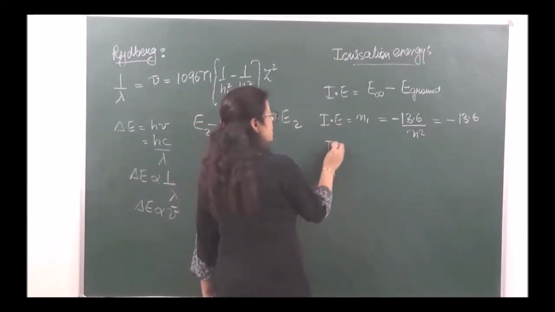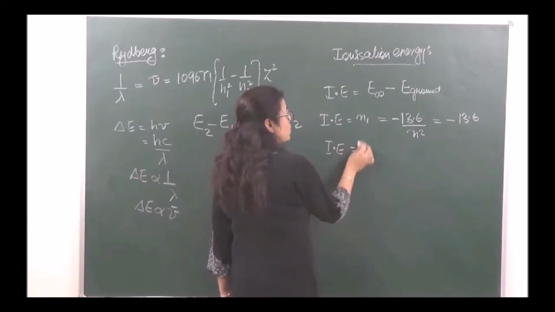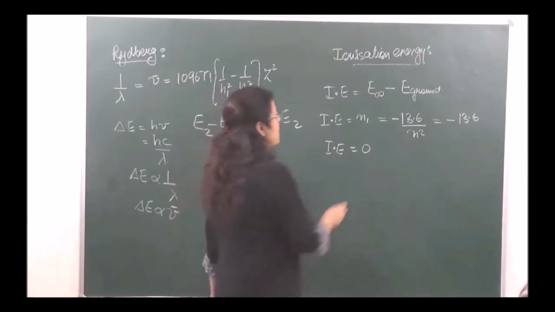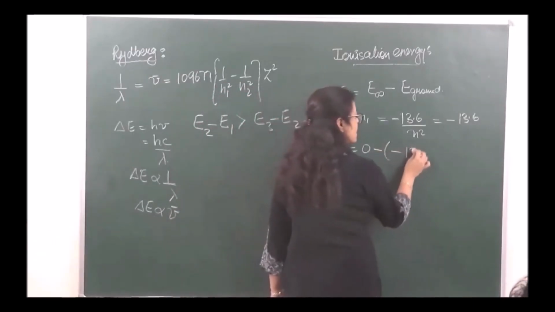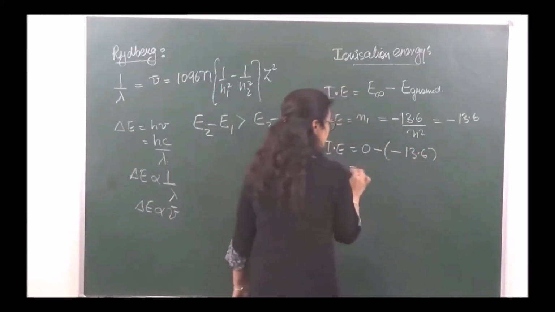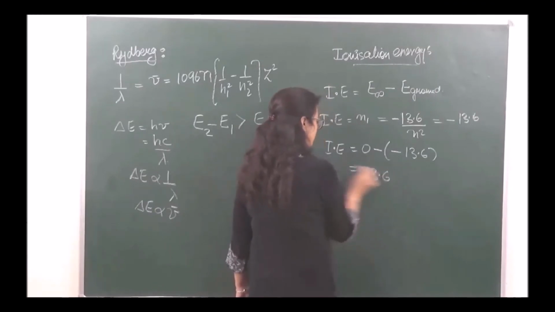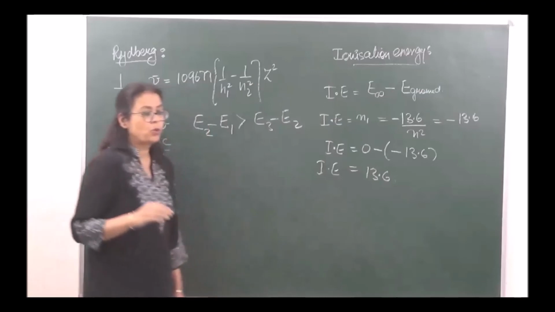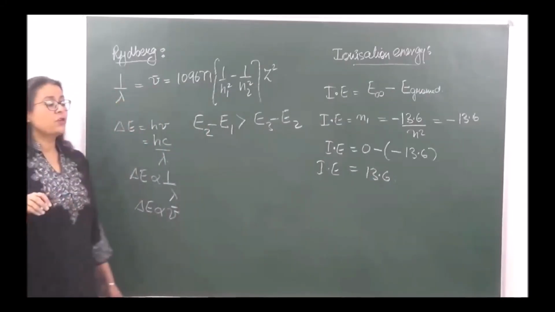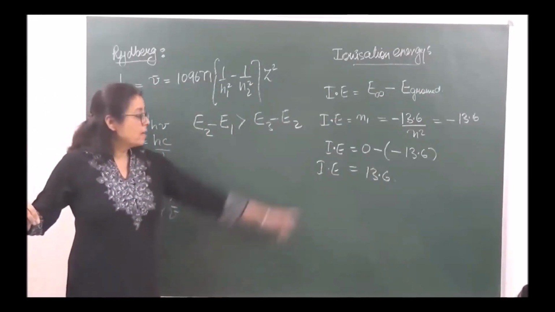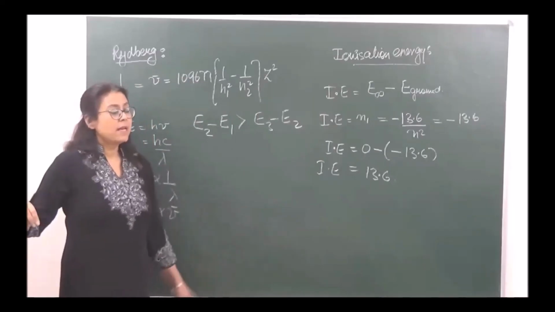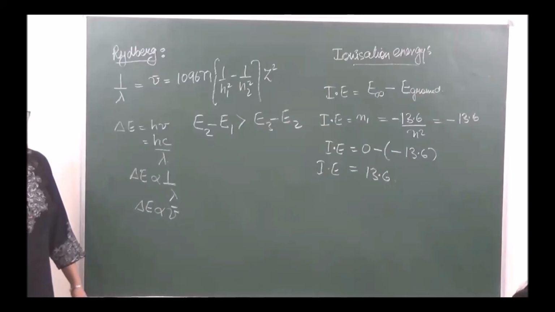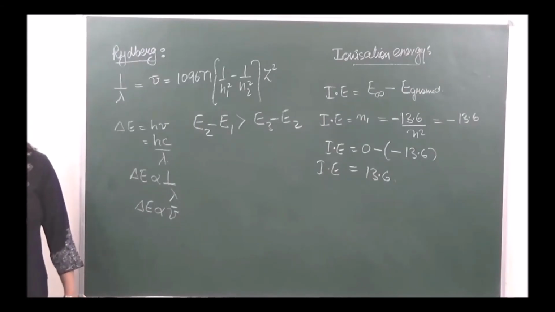So ionization energy will be equal to E infinity, that is equal to 0, minus minus 13.6. So ionization energy has the same value as that of the energy of an electron in any shell, but this is positive and the other one is going to be negative. Okay? Have you understood? This is the difference.